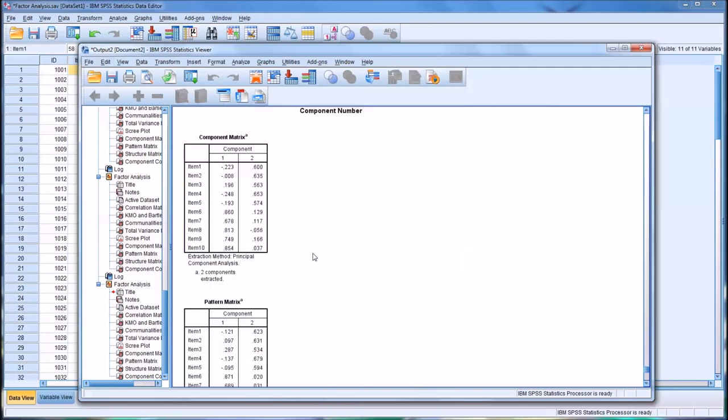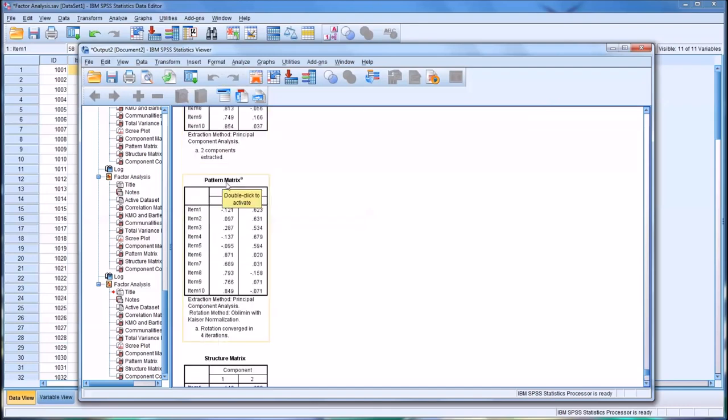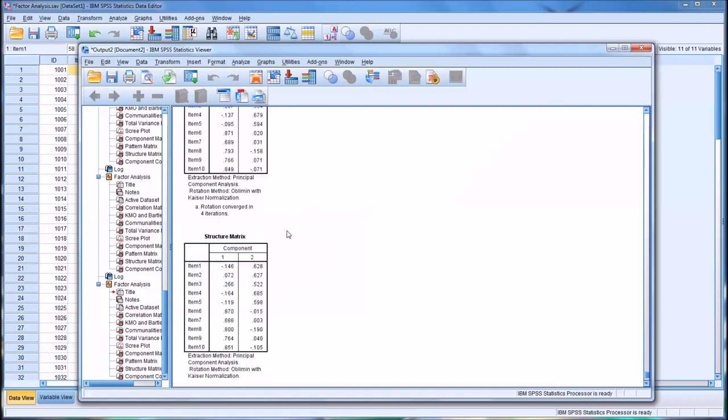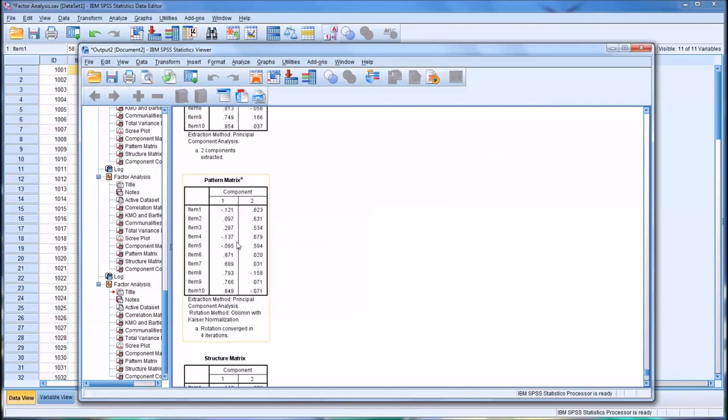Now, since we used an oblique rotation, direct oblimin, we're going to want to interpret the pattern matrix. It's not a whole lot different than the component matrix or the structure matrix, but this is the one we're going to want to look at with this particular rotation. And you can see, let's start with component 2. You can see these values load together fairly tightly.